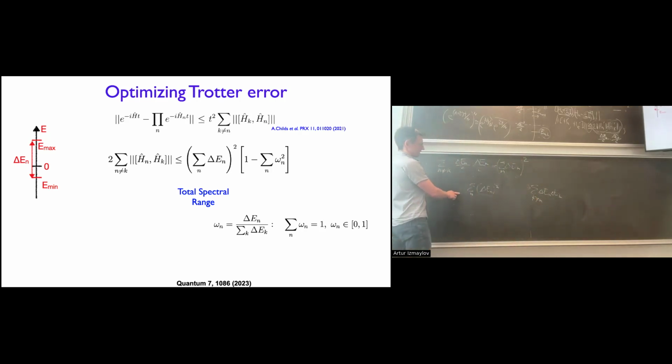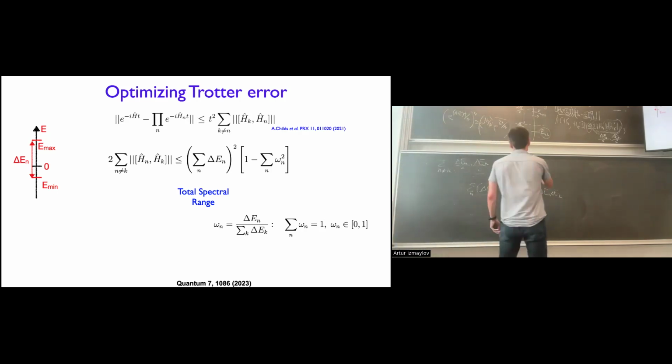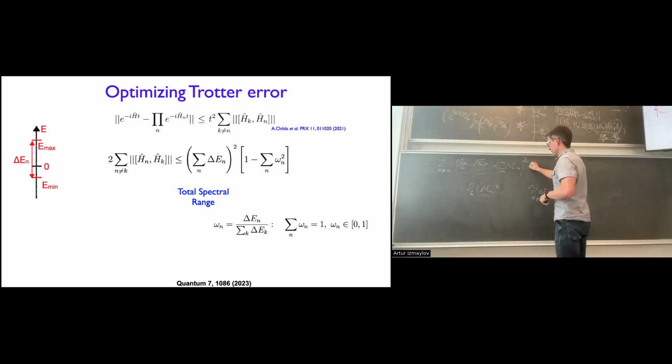And because we have only these guys in our expression, we want to remove this part, and that requires essentially subtracting the sum over squares.